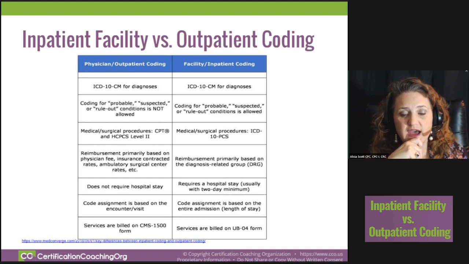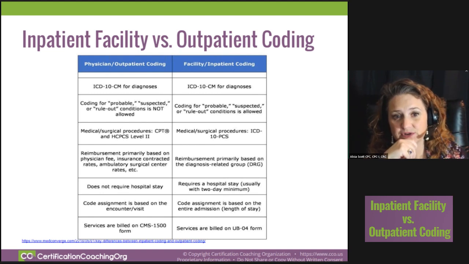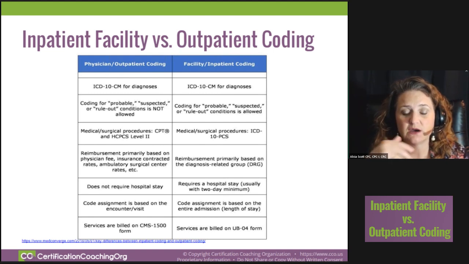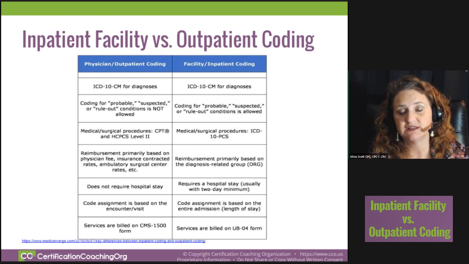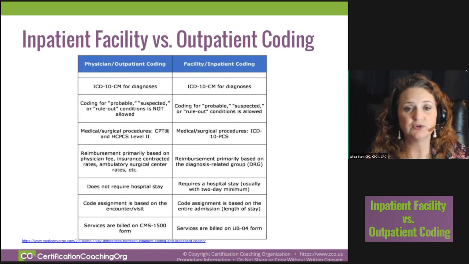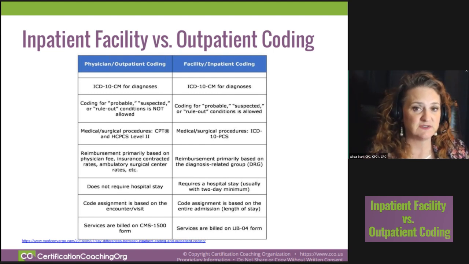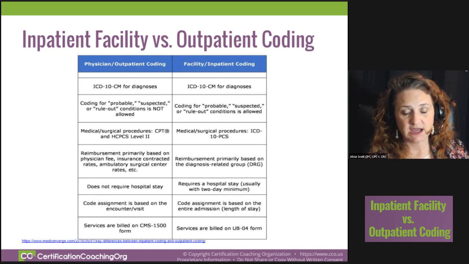The way that we bill out for outpatient versus inpatient is different as well, because we use the CMS 1500 form to submit claims in the outpatient world. You can just Google CMS 1500 and see what it looks like.